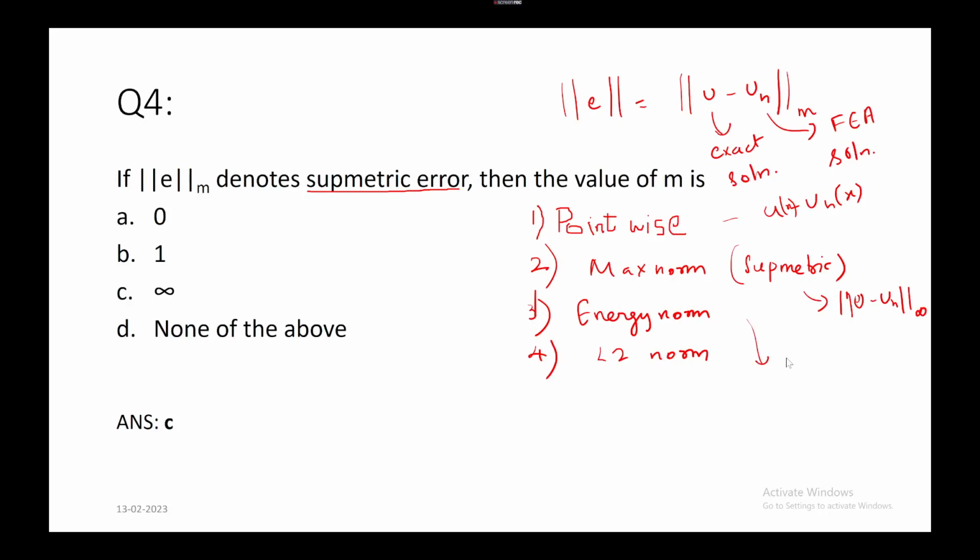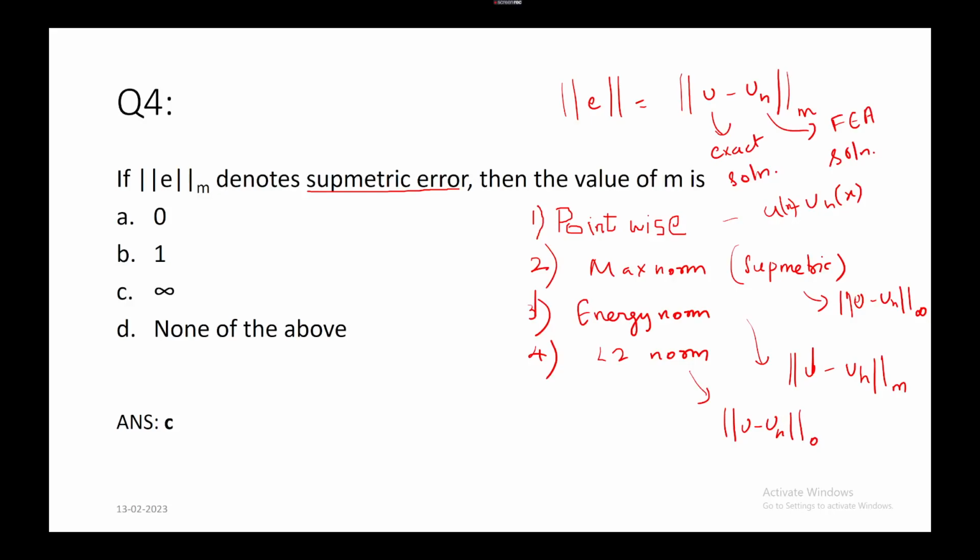For the energy norm the same would be u minus u_h with subscript m. This is some m; we'll see what this m is in the subsequent question. For the L2 norm it is u minus u_h with subscript 0.